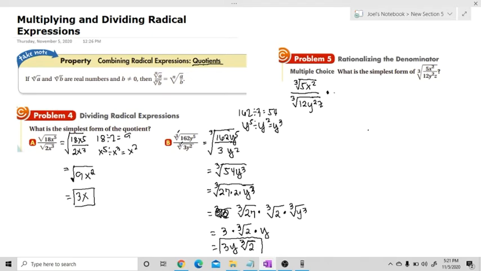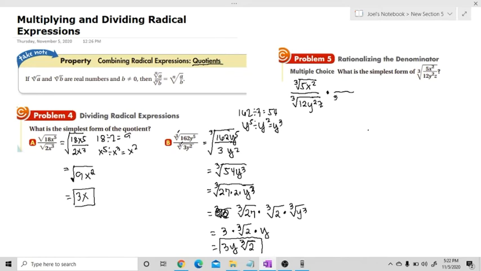To rationalize the denominator, we look for a number that, when multiplied by 12, makes the product a perfect cube. The same goes for y squared and z. What should we multiply to 12 to get a perfect cube? The easiest way is to multiply by 12 squared, because 12 squared times 12 is 12 cubed. Then for y squared, we multiply by y so it becomes y cubed. And for z, we multiply by z squared so it becomes z cubed.